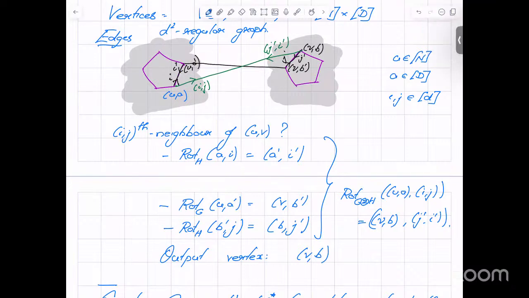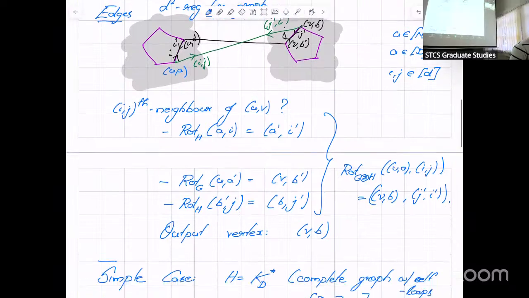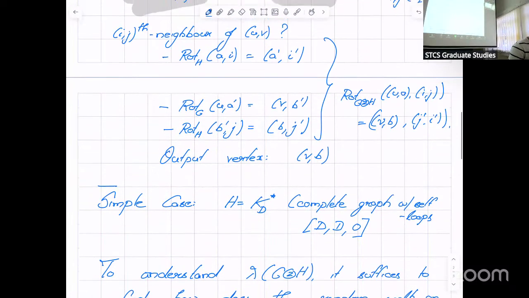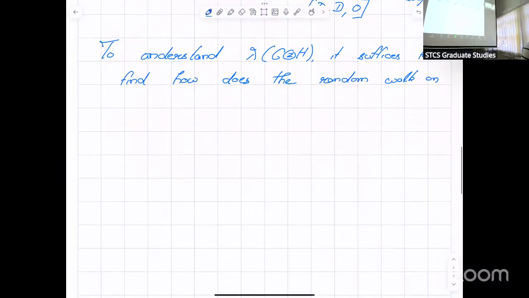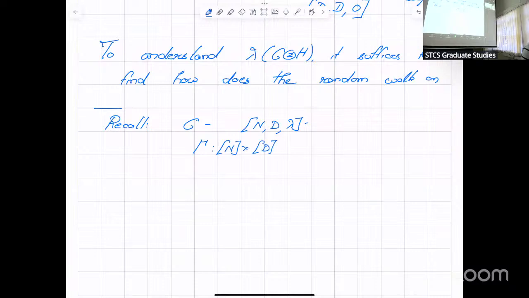In that case, your ROT is some map that you define ahead of time. So what is ROT? This was something I defined. Let's just recall what ROT is. Usually when you have an n, D regular graph, we have the neighborhood function, which takes [n] cross [D] to [n], which tells me who is my neighbor.